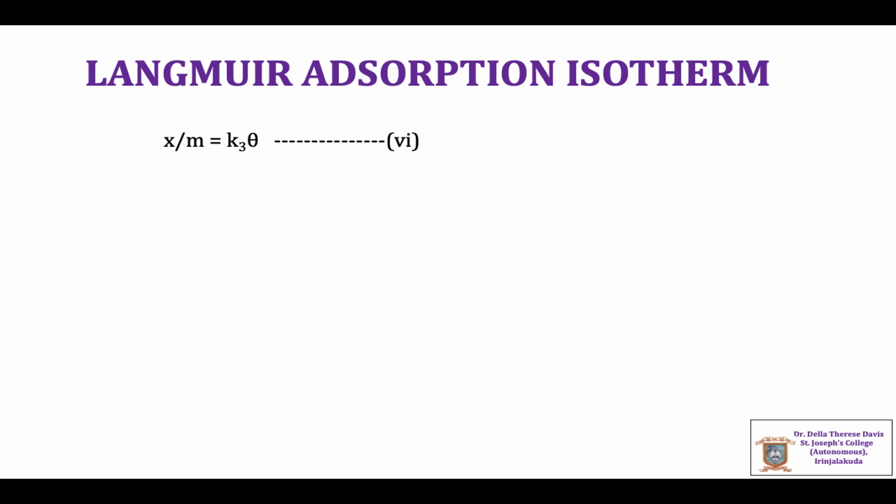Thus, the fraction of surface covered theta must be proportional to the mass of the gas adsorbed per unit mass of the adsorbent. The mass of the gas adsorbed per unit mass of the adsorbent is given by x by m. Thus, x by m is proportional to theta, the fraction of surface covered. Removing the proportionality constant, we get x by m is equal to K3 into theta, where K3 is another constant.